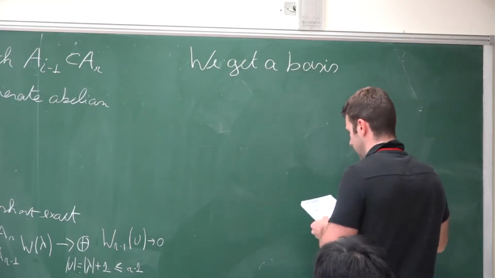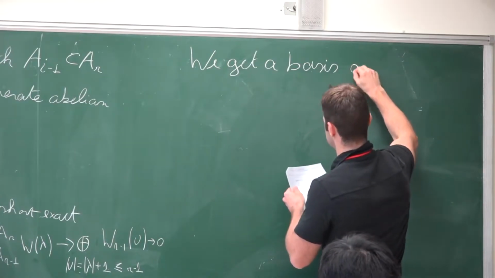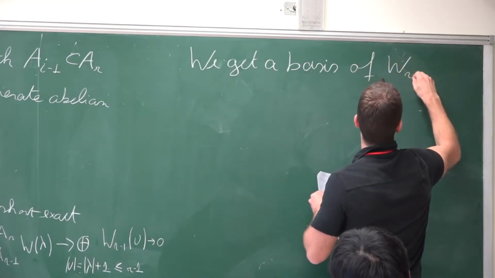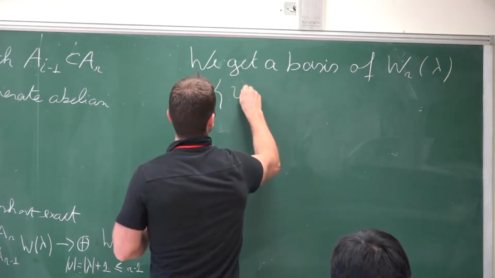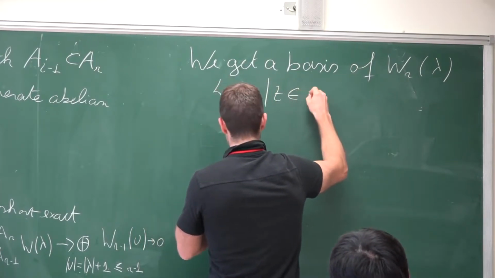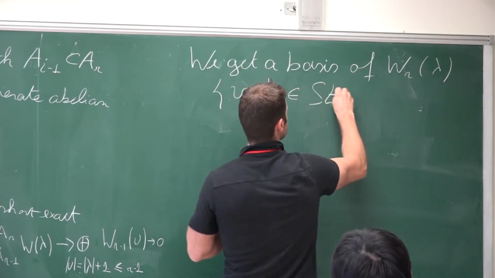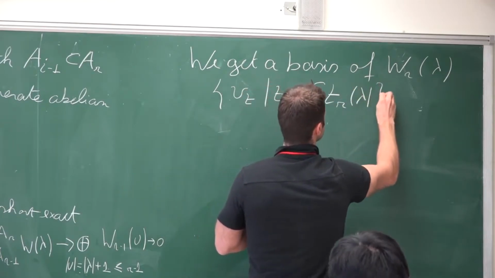So that's then what is usually known as a Murphy basis. So the basis elements are labeled by t belonging to some set, which I write like this for now, ST_r(lambda).